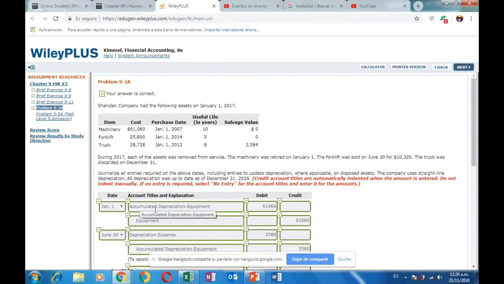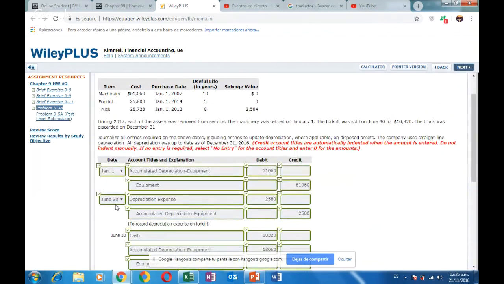So we debit the full amount of depreciation, 61,016, and we credit the equipment account.